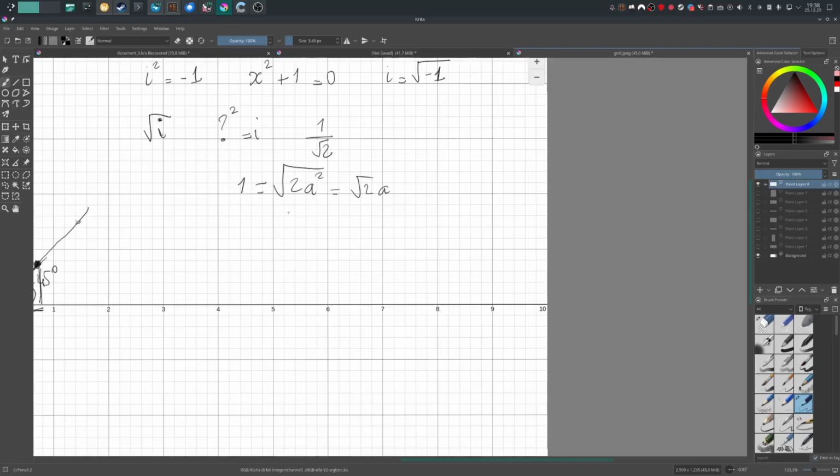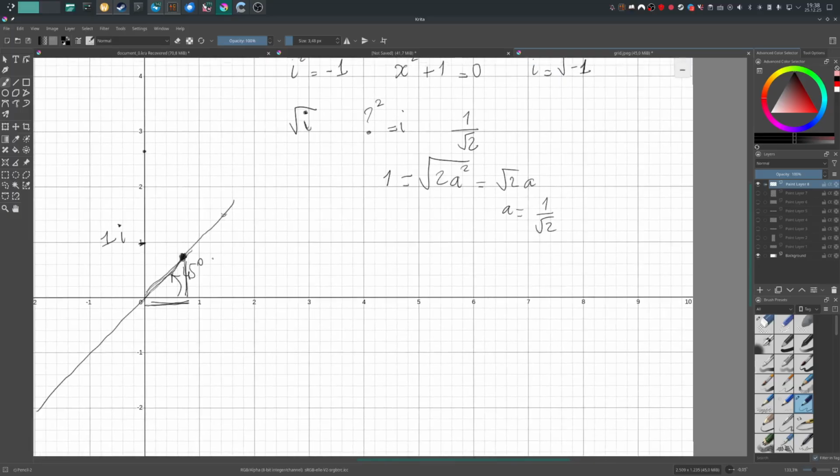If you isolate a, that gives you a equals 1 over square root of 2. But it doesn't matter because you also know that it is cosine of pi over 4 or sine of pi over 4, and this is very famous, it is 1 over square root of 2.